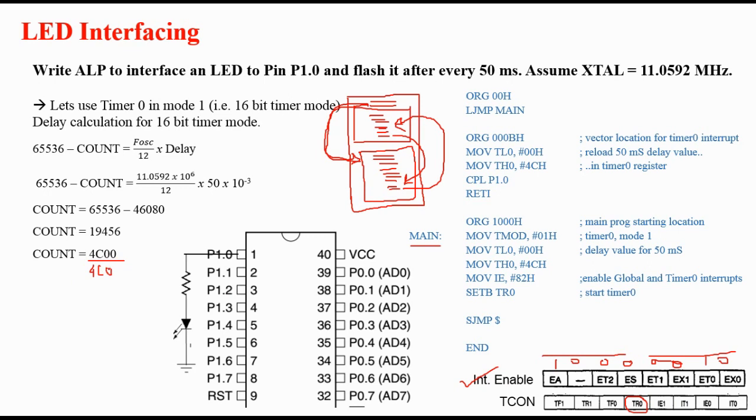So 4C00 will become 4C01, then 02, and likewise it will rise up to FF, and then it will overflow to 0000.